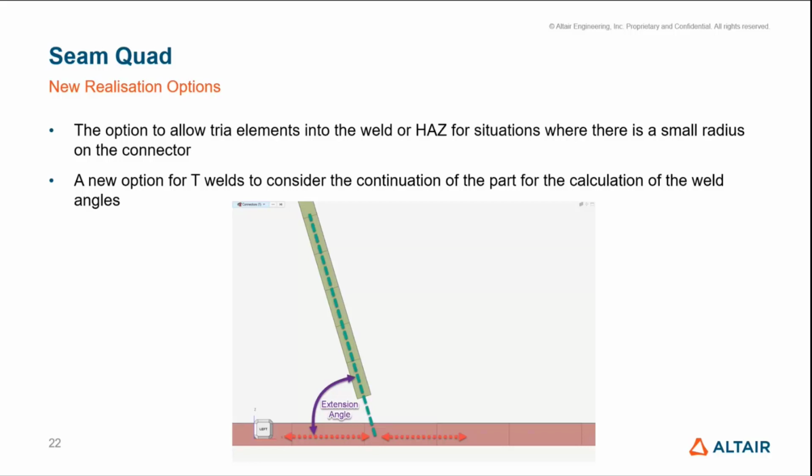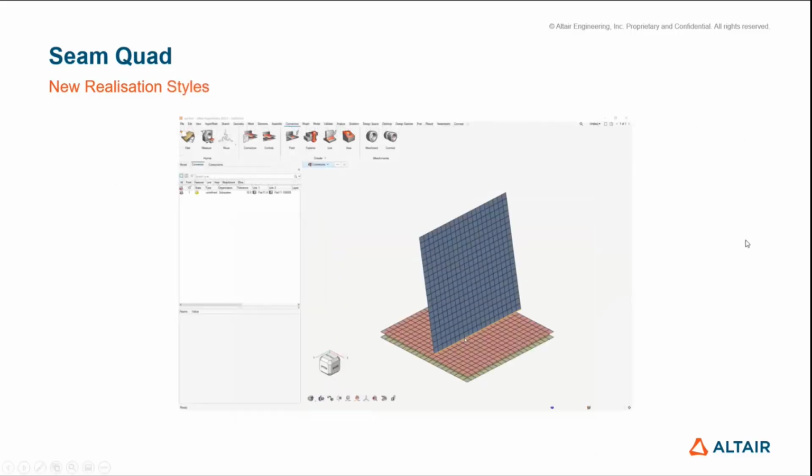In this case, it's quite a straightforward thing, but it should result in some improved quality and options if the customer is requesting it. Now, this is explicitly only allowed for T-welds, and you can tune the extension angle as you see fit to meet the requirements of what you want.